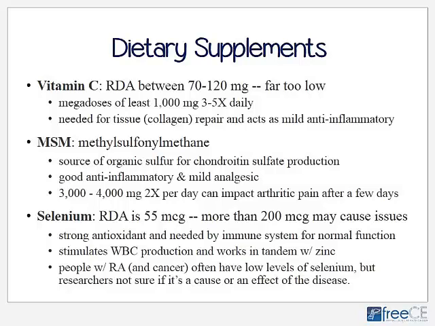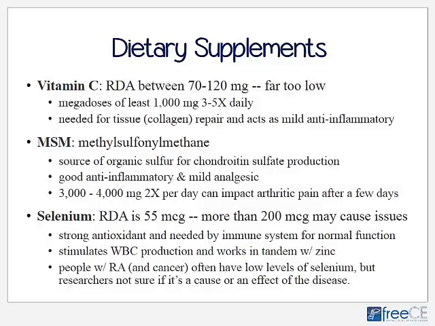And the interesting thing is, essentially all primates are unique in the animal kingdom in that they don't produce vitamin C. Your dog, your cat does, you do not. The 70 to 120 milligrams daily for the RDA is ridiculously low. We need much more than that on a daily basis, particularly if you're dealing with infections and inflammation. You have to up it, you have to megadose, quote unquote.